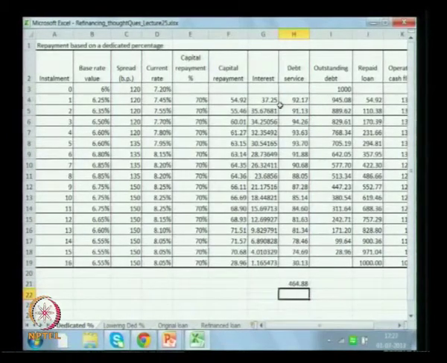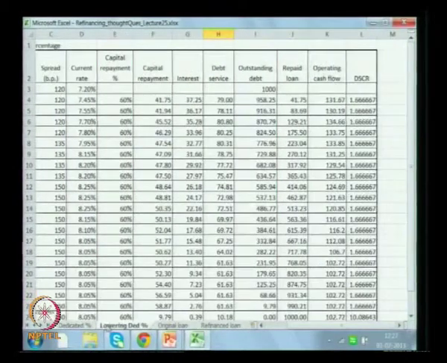So so much cash needs to be there in the debt service reserve account. Now I will go to the scenario after refinancing when we lower the capital repayment to 60%. Let us see how much cash needs to be there in the debt service reserve account.